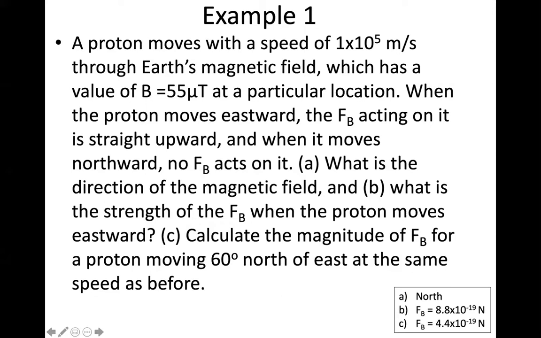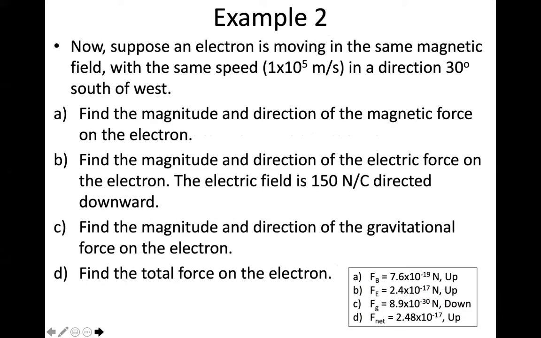Okay, now let's do one more example, but now it's an electron. So the electron, we're going to have to do the same thing, but at the end of the day, we have to flip our thumb. Whatever result we get is going to be opposite for an electron. So we have an electron moving in the same magnetic field.